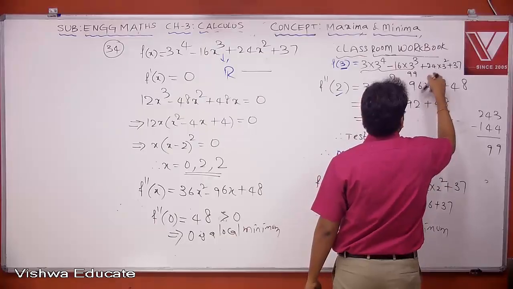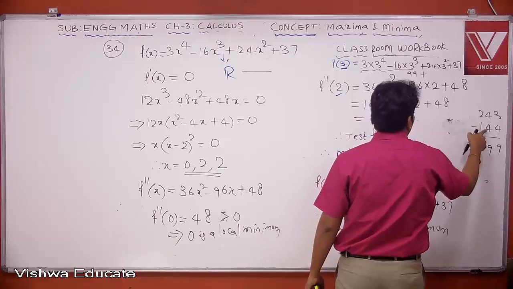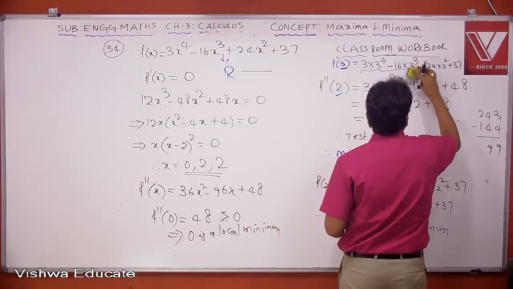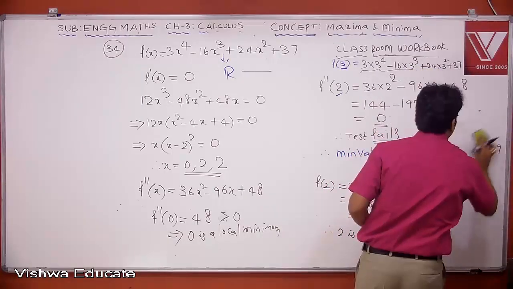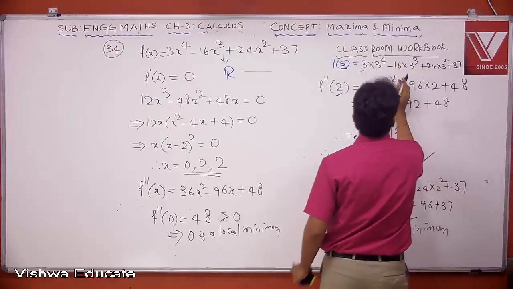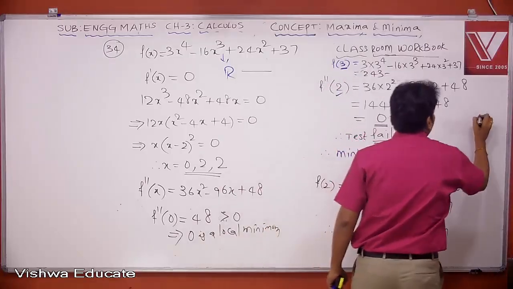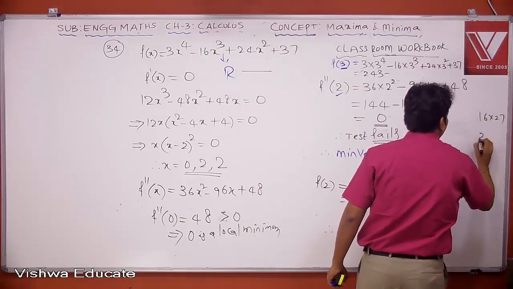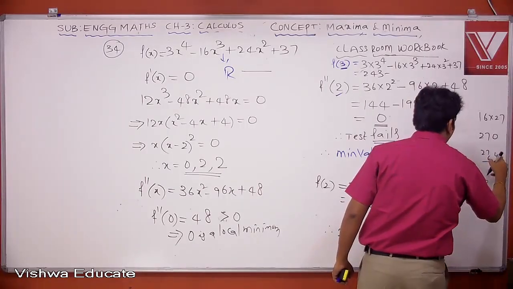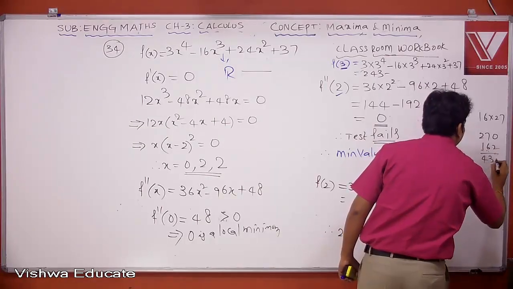Sorry, here 3 cube is not what I used. 3 cube is 27. So let me calculate once again. This expression is 243 minus 16 27s, which is 432.